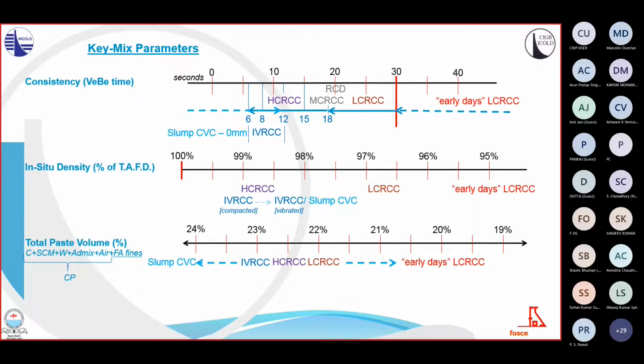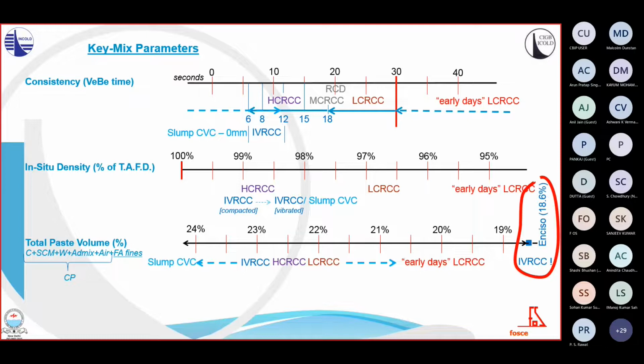This used to be different in earlier times, but the addition of the fines has equalized this parameter. There are some extraordinary exceptions. On the very right end, the excellent IVRCC mix at Enciso Dam that was mentioned before has only needed 18.6% of total paste to achieve consistent VB times below 10 seconds.